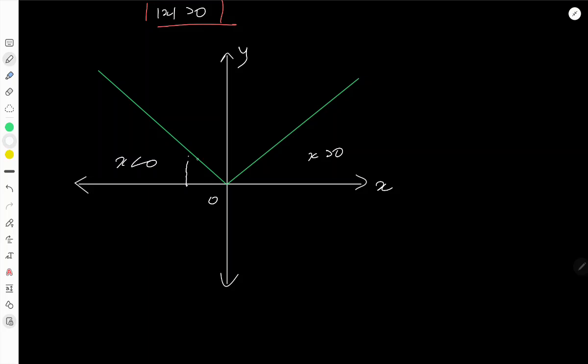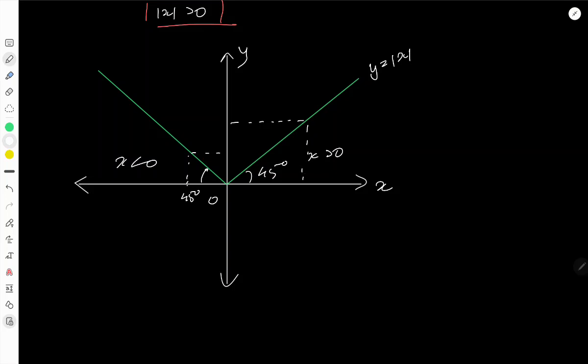So even for the negative values of x, the function is positive, and even for positive values of x, the function is positive. And this inclination is 45 degrees, and from here it is 45 degrees. So this is y equal to mod of x.